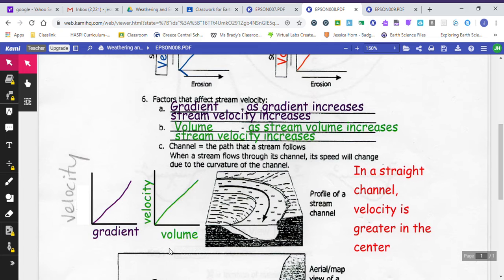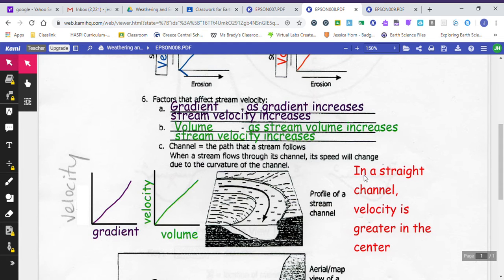Green graph: as the volume of the water increases, so more and more water is rushing through the stream, the velocity of the stream is going to increase. So more water, stream moves faster, more erosion. Steeper stream, water moves faster, more erosion.